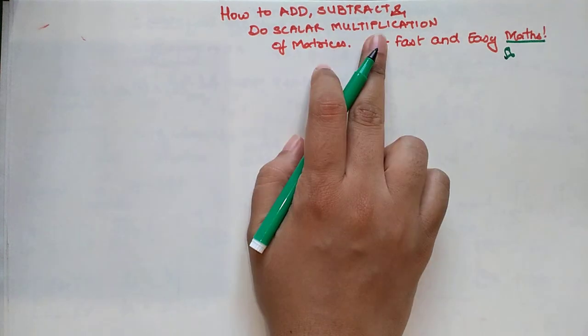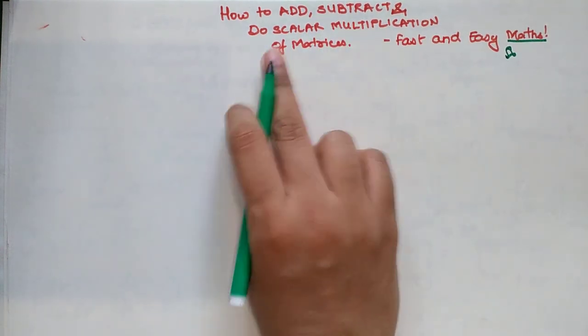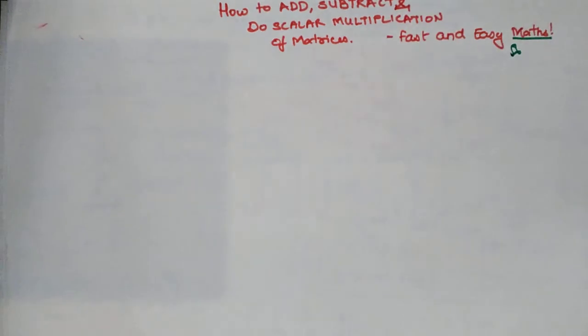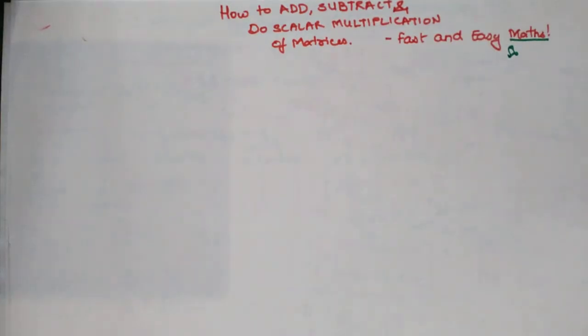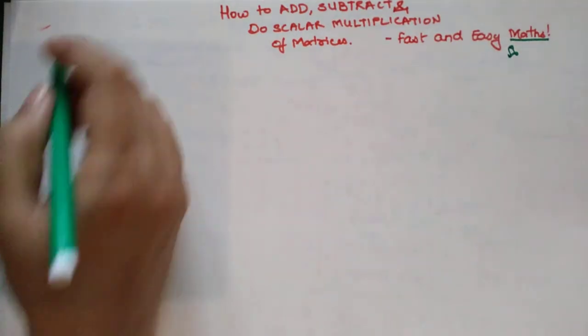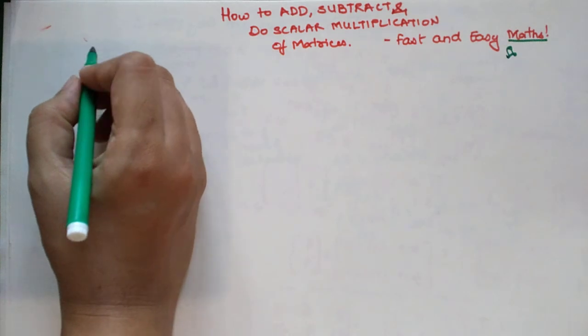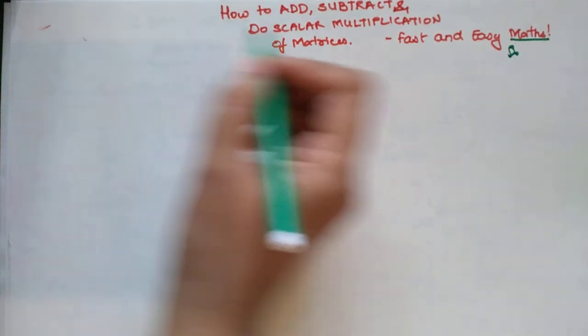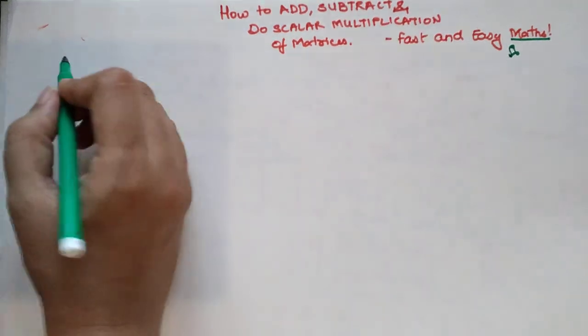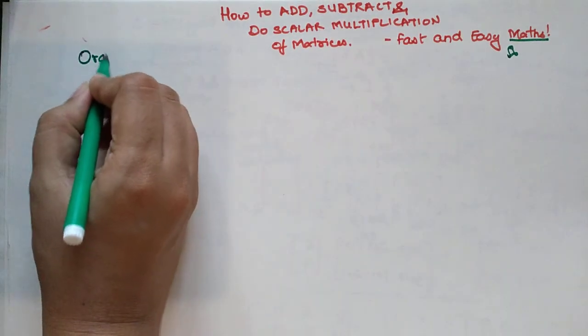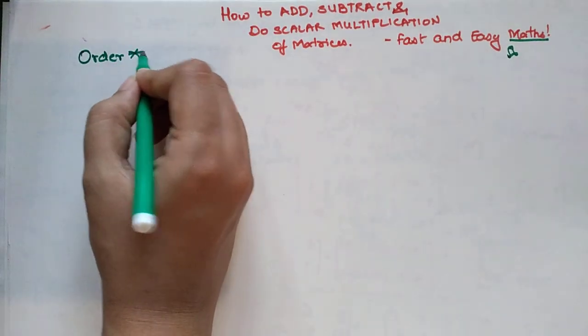So today we are going to talk about how to do addition, subtraction and scalar multiplication in matrices. But before beginning with that, like I told in the first video of mine, which was about introduction to matrices, the order of a matrix is very important.